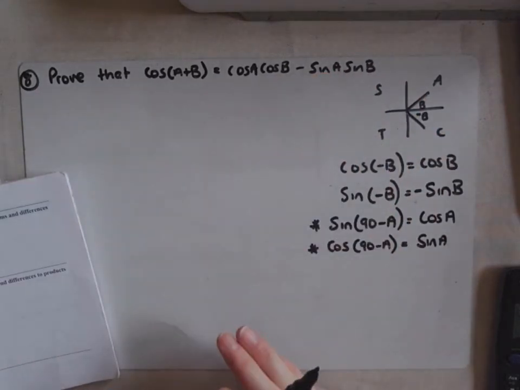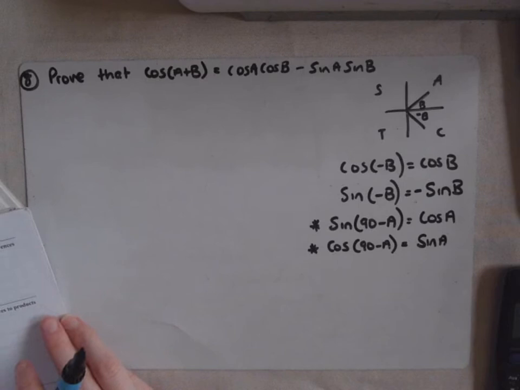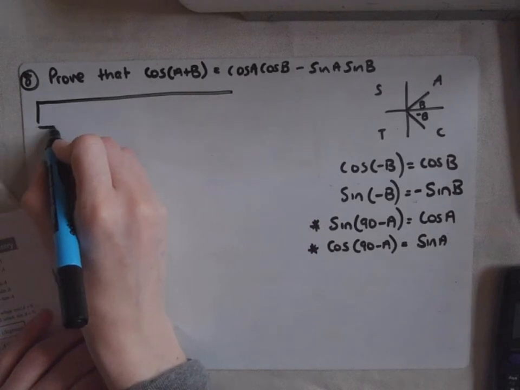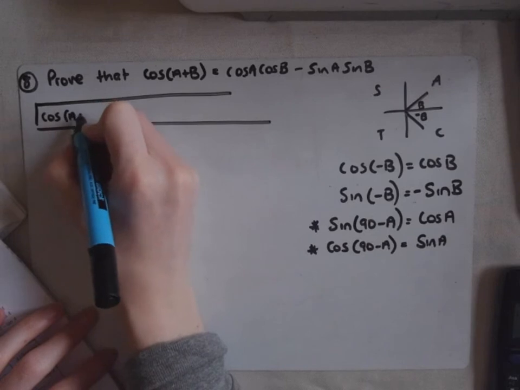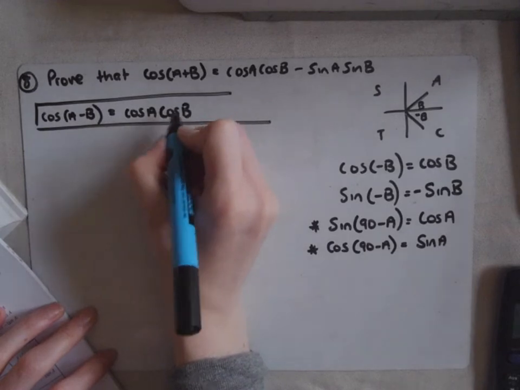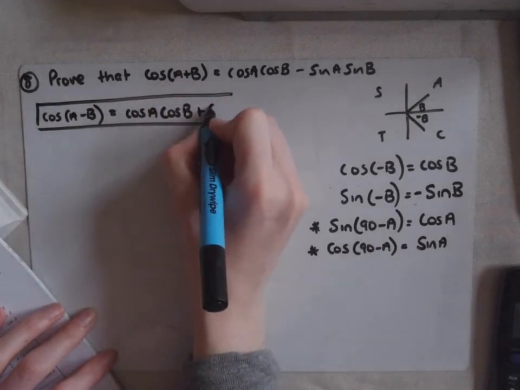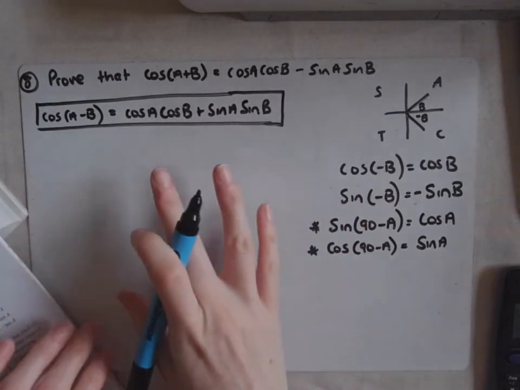Prove that cos of A plus B equals cos of A cos B minus sine A sine B. Now, what we know already, I'm going to write out. What I just learnt from the first one, and I proved that, I don't need to prove it again. For this part, it's just a tiny little add-on, but I don't need to write out the proof to this. I'm just writing that out because that's important.